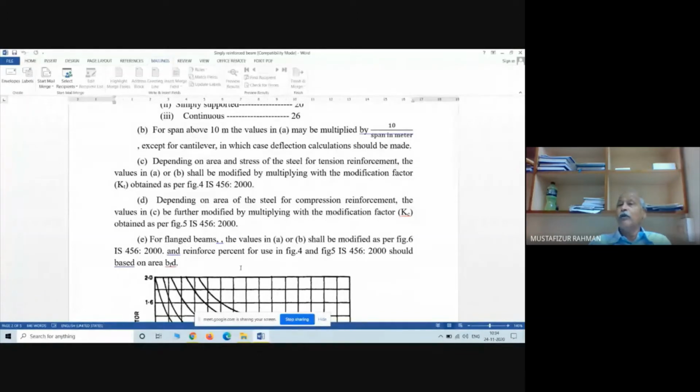Otherwise, it will be a wrong design, it will be uneconomic. So how will we utilize these things? For this, the code has given these conditions.